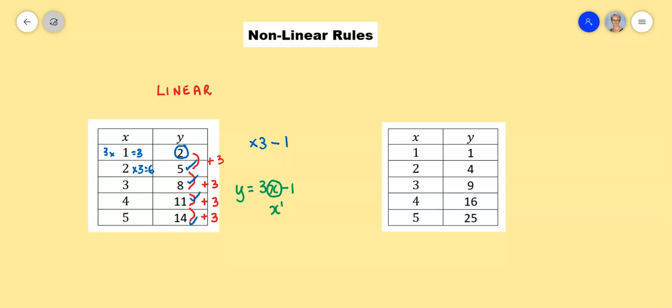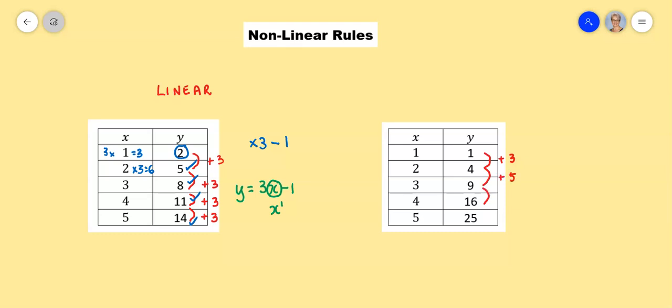To check whether this is a linear or a non-linear rule, again, I'm going to look at the numbers in the Y column and check to see if they are increasing by the same amount each time. From 1 to 4, we go up by 3. From 4 to 9, we increase by 5.